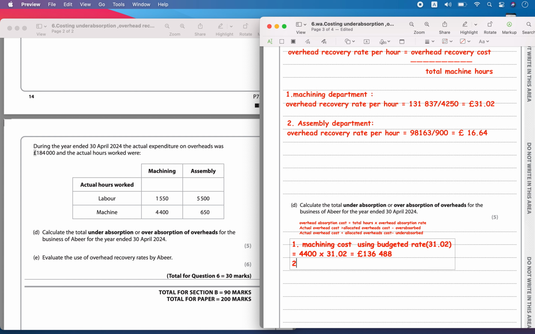Now similarly for the assembly department, the assembly cost with a budgeted rate. Let's calculate.